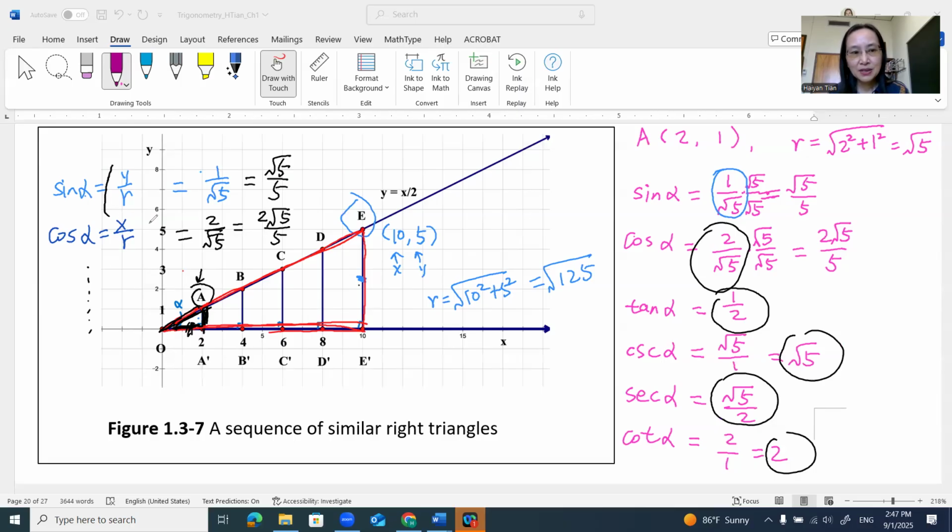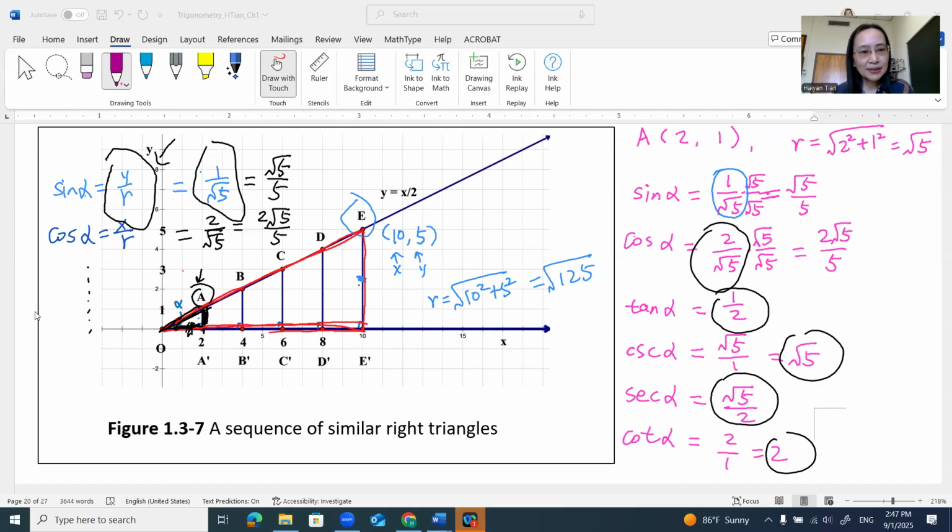So that means the y over r is always the same. So that will define a sine function. So sine function is only depending on the alpha, the angle. It doesn't depend on which point on the terminal side of the angle.